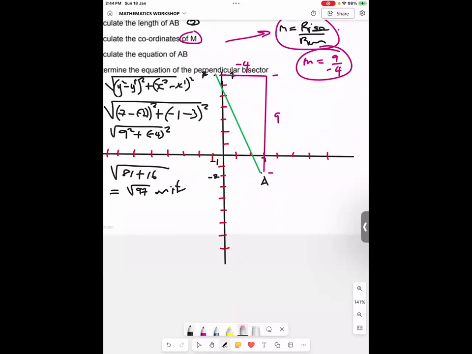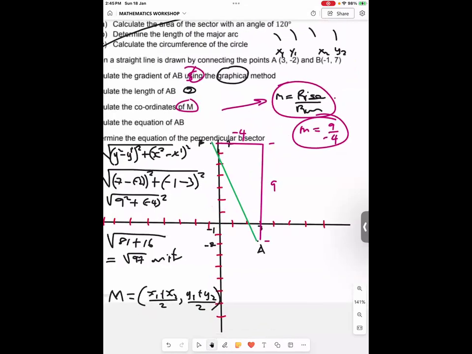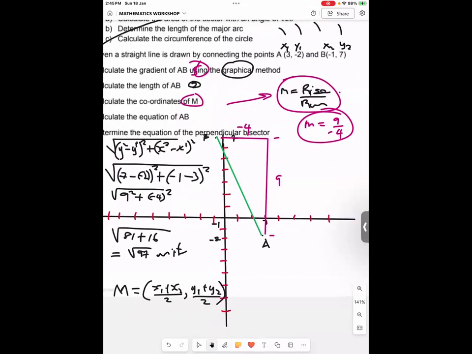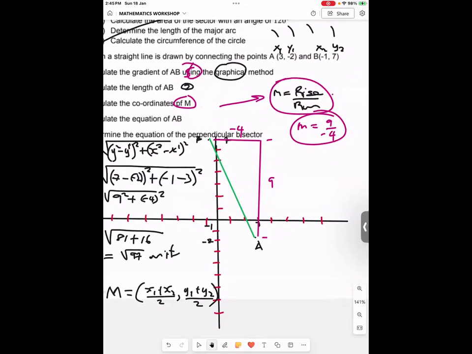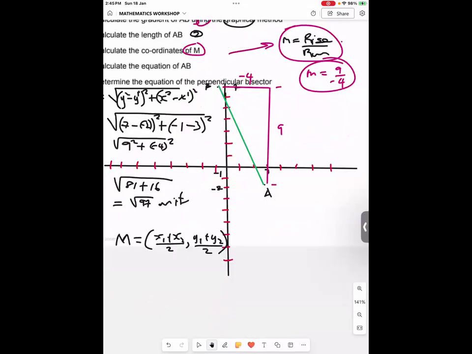Again, we need a formula for this. Capital M is equal to x1 plus x2 over 2, comma, y1 plus y2 over 2. And we already have the values of x1, y1, x2 and y2 because we have already labeled them up there. So in this case, x1 and x2 is 3 and negative 1.